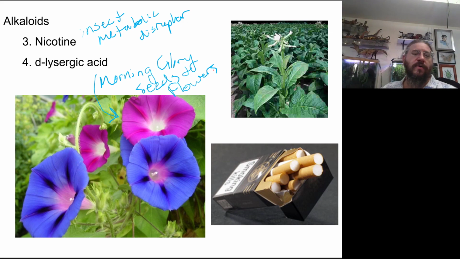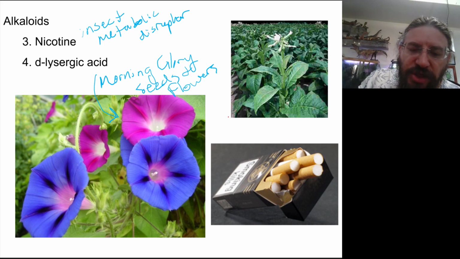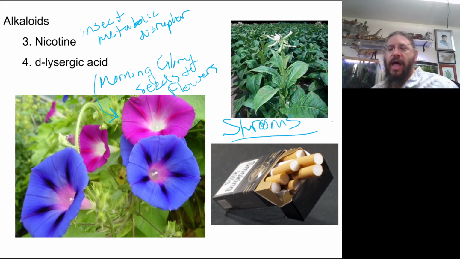You might also know of D-lysergic acid being in another different group of organisms. What's that? Did you say shrooms? Yeah. Magic mushrooms produce D-lysergic acid. And you know what's fascinating about that is that fungi are much more closely related to animals than plants.